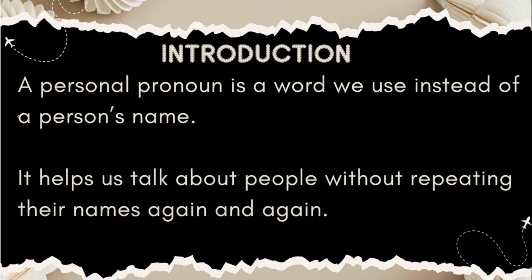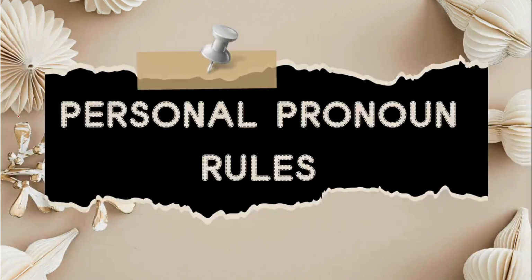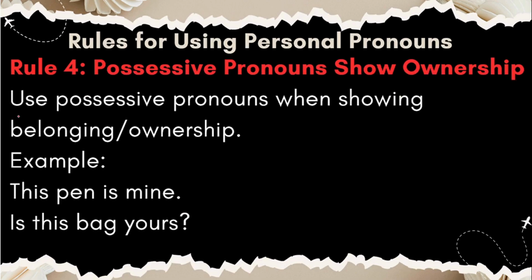It helps us talk about people without repeating their names again and again. And we established in the first video that we have some rules that will help you identify the type of pronoun you have in a sentence. In the last video we talked about 3 rules, and in this second video we're going to talk about the rest of the rules.